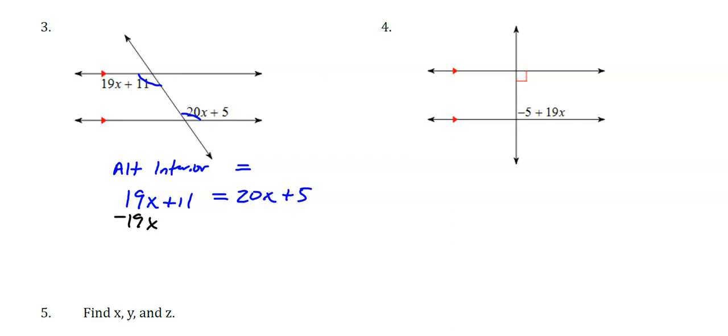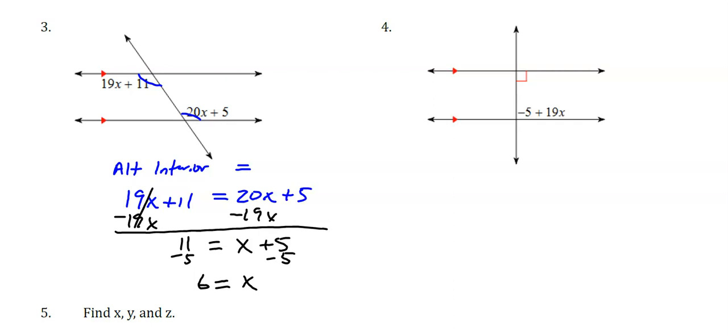And now we start getting into algebra world. I'm going to subtract 19x from both sides. And that gives me 11 equals 1x plus 5. My next move is going to be minus that 5 from both sides. And I believe we get x equals 6. Now, if I want to double check it, I could plug it in. 19 times 6 plus 11.